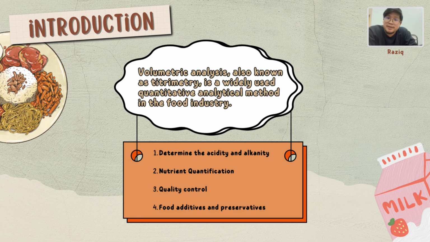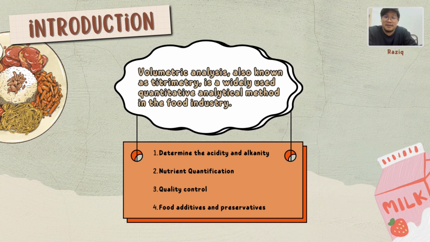How can it be determined? By iodine titration. For example, it is used to measure the quantity of vitamin C, also known as ascorbic acid, in fruit and vegetables.